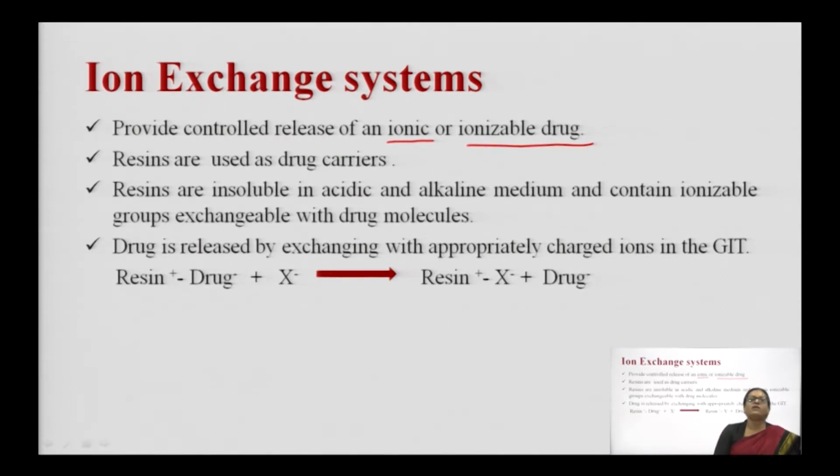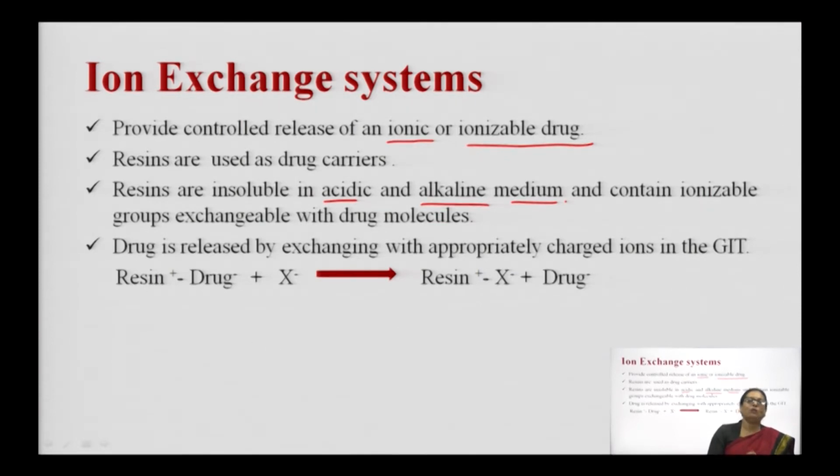Now, why are resins only used? Because resins are resistant to acidic and alkaline medium. They are stable and insoluble in acidic and alkaline medium, and when we are formulating a controlled drug delivery system for gastrointestinal administration, the substrate used should be resistant to acidic and alkaline medium.